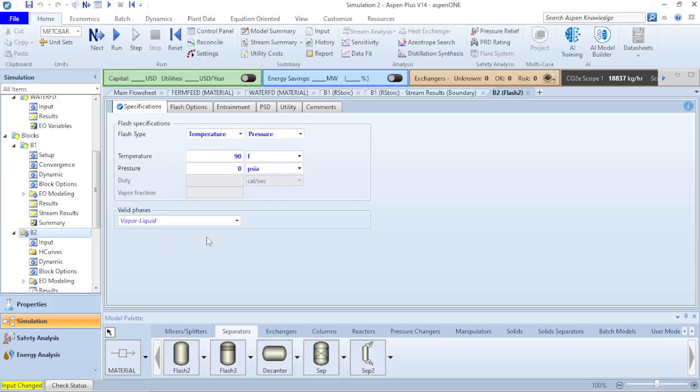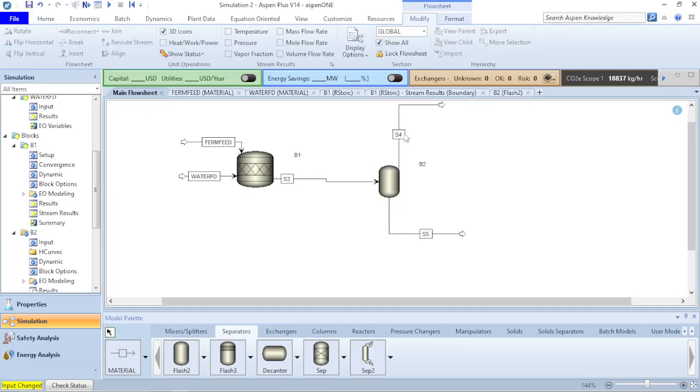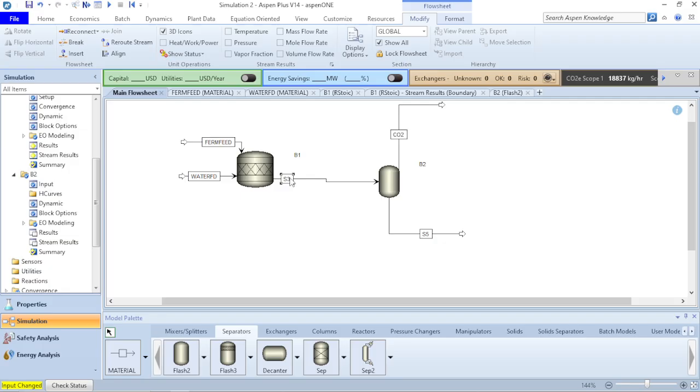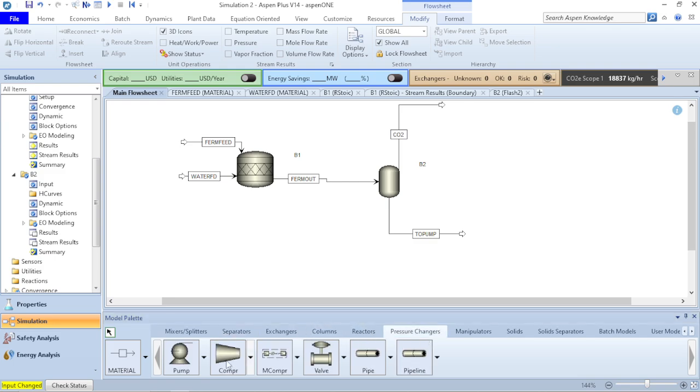Alright, so this is your specifications for the flash drum. Okay, so having done this, this is supposed to be CO2. This is, let's put frame out. Alright, and then we have to pump. Okay, so after doing this, the next thing we just need to add is the pump, which is under pressure changes.